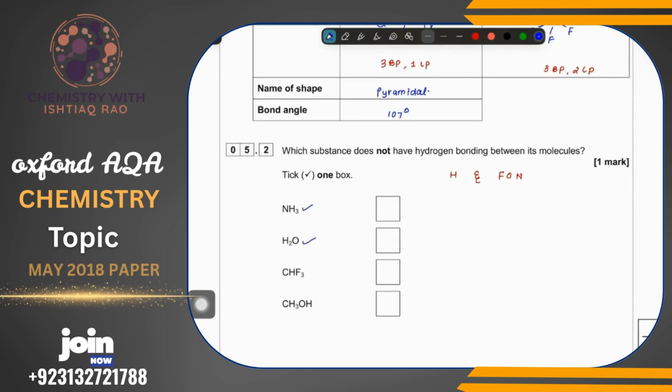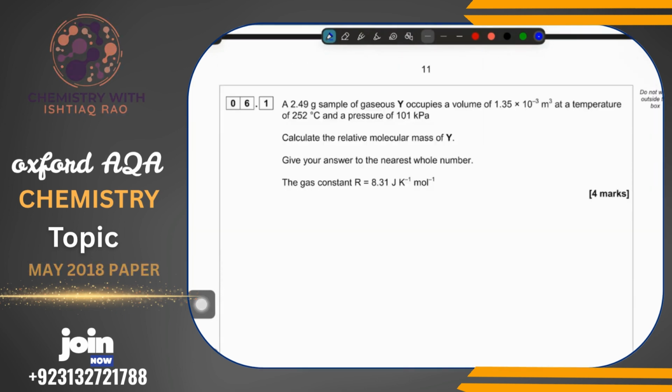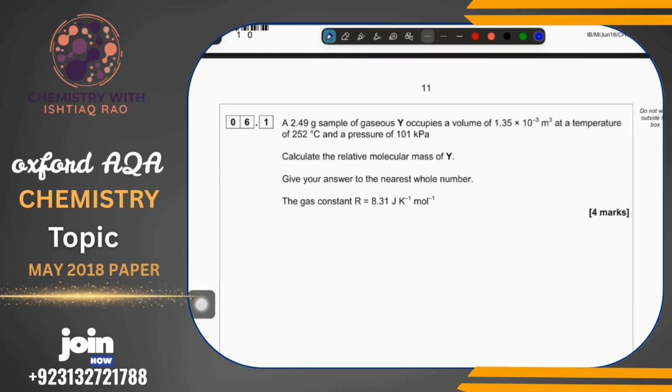It's an alcohol, right? Of course the OH bond is there, so this one would have it. The answer would be the one where hydrogen would be only bonded with carbon. Exactly.